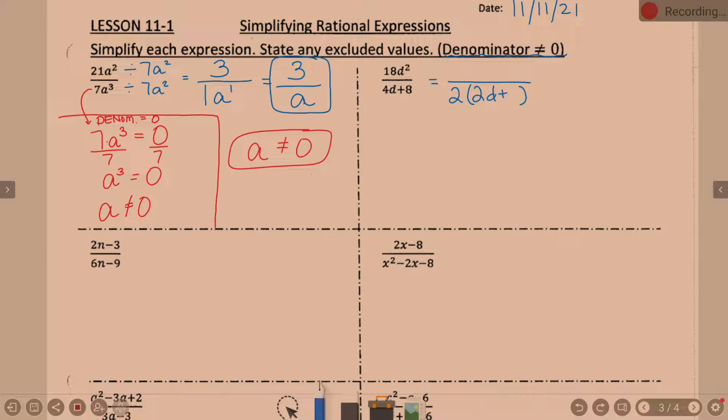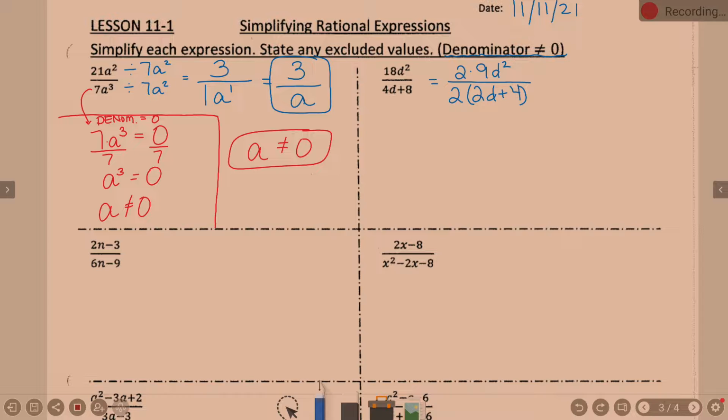Plus 8, if we divide that by 2, becomes plus 4. On top, we have 18d squared. Well, if we factor out a 2, that's going to be 2 times what? 9d squared.